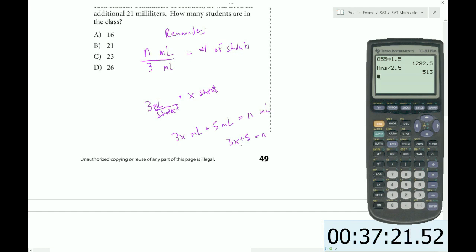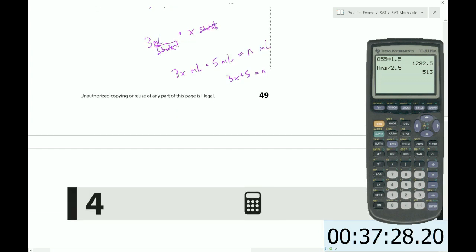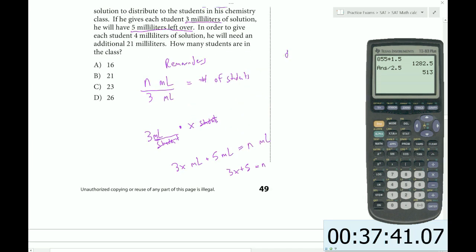And of course I'm looking for x because I want to know how many students there are. So basically I'm thinking of a number that when you divide by 3, you end up with a remainder of 5.